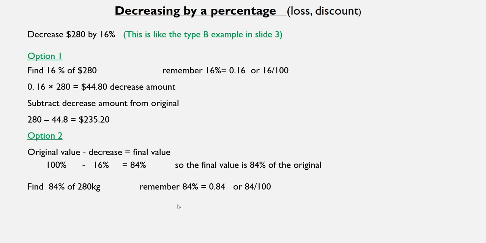I convert 84% to its decimal, or I can do 84 divided by 100, and then multiply that by my original amount. And that's going to give me $235.20. It doesn't matter which method you use, whatever makes sense to you and you're more comfortable with.